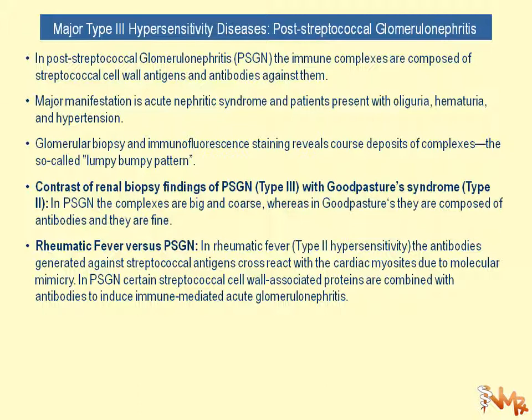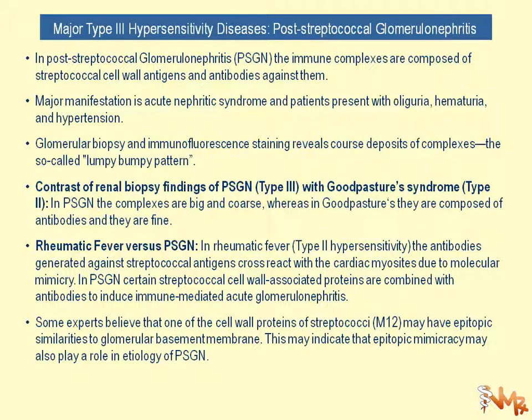In PSGN, certain streptococcal cell wall associated proteins are combined with antibodies to induce immune-mediated acute GN. Some experts believe that one of the cell wall proteins of streptococci, the so-called M12 protein, may have epitopic similarities to glomerular basement membrane. This may indicate that epitopic mimicry may also play a role in etiology of PSGN.